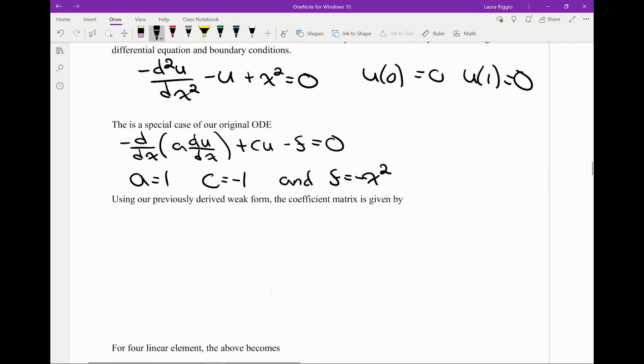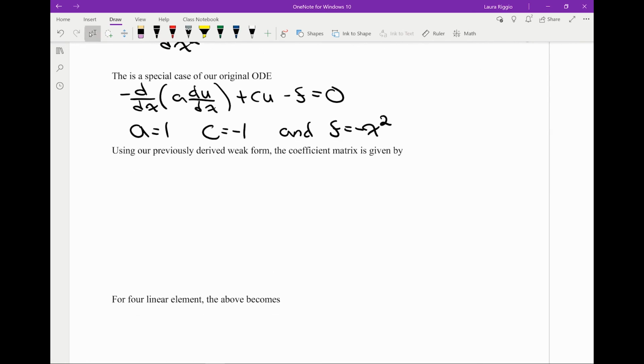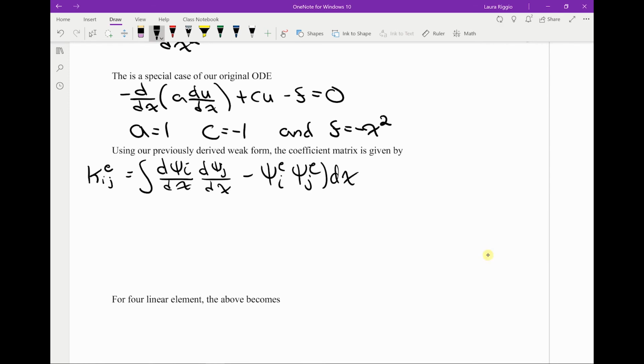All right, so now that we know A, C, and F, we can go through and calculate our stiffness matrices. We can use our previously derived weak form and our previously determined coefficients matrix, where Kij was the integral of d psi i dx d psi j dx minus d psi i d psi j, and F would be the integral from xa to xb of minus x squared psi i dx.